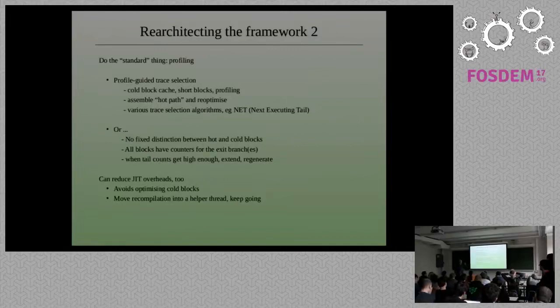So we can possibly generate better code by using the runtime profiling. But we could also use this to reduce JIT overheads as well, because what you can do, I think this is also now pretty much a standard trick, is you can run your cold blocks or your less optimized trace while you have in a different thread the compiler optimizing a longer version or a better version of the same trace.